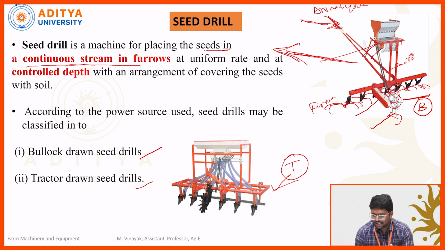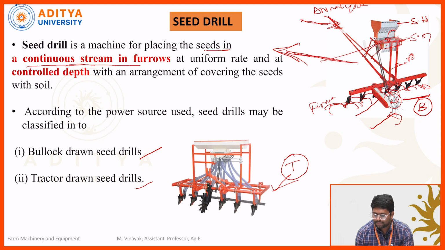So the power is transmitted from the ground wheel to the seed metering mechanism. Here the seed metering mechanism is provided. While power is transmitted from the ground wheel to here, whatever seed is available in the seed hopper, this one called SH, the seed hopper, the seed can flow into this seed metering mechanism.